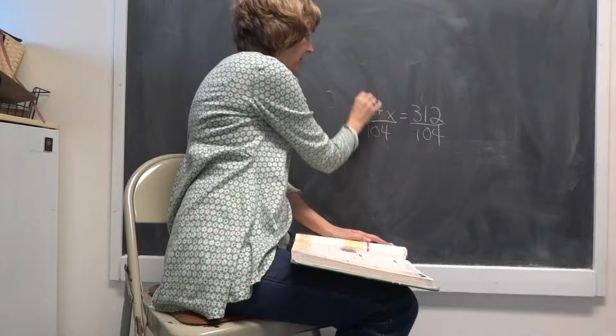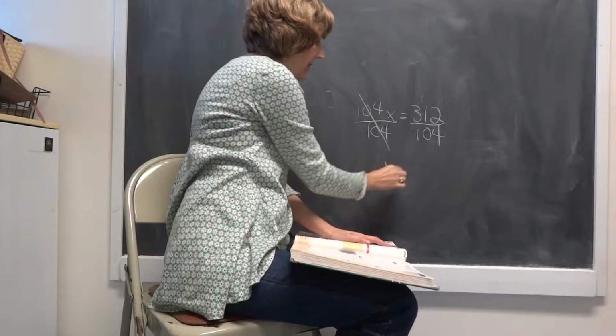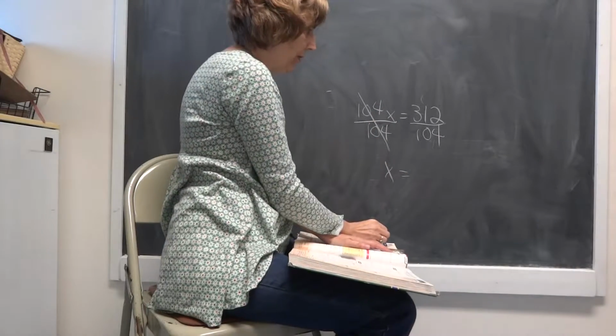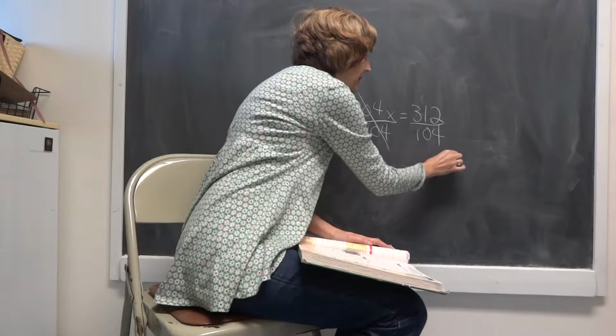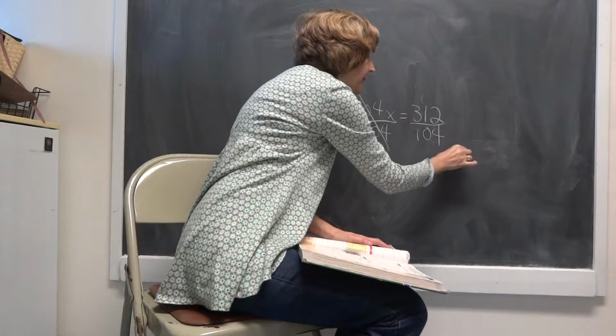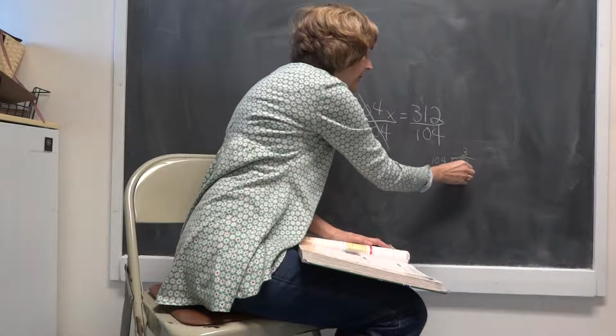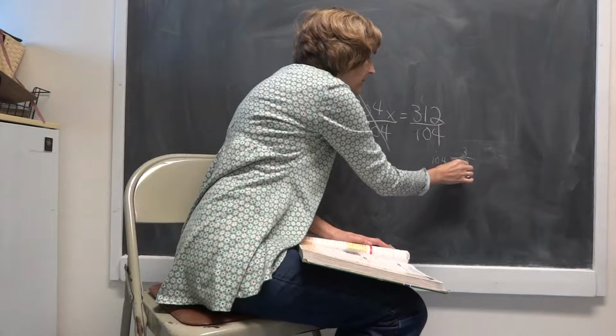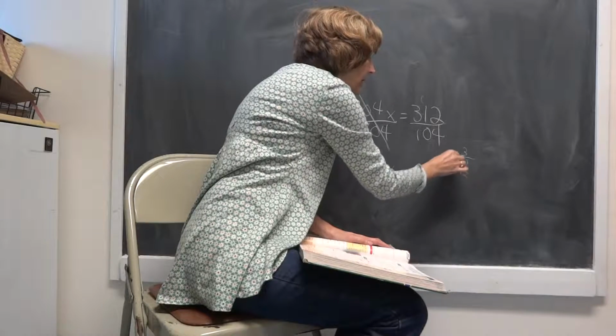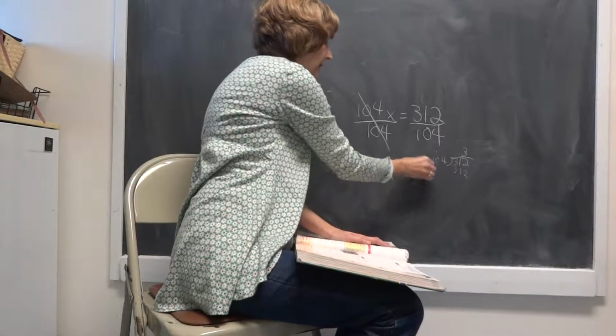That cancels out. 1 times x is x. So x equals 312 divided by 104. And let's see what that comes out to. I think it's going to be 3, right? I think it goes in equally, so x is 3.